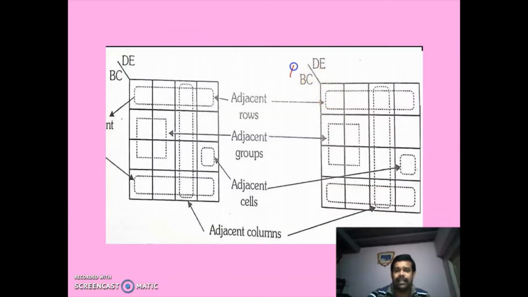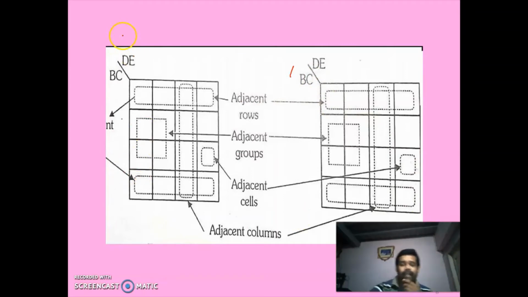Next, in K map, if you are having two adjacent groups like this, then you can take them as common. So this 5 variable map will be having 4 variable maps, and if those 4 variable maps are having 2 adjacent groups like this, then you can take them common.